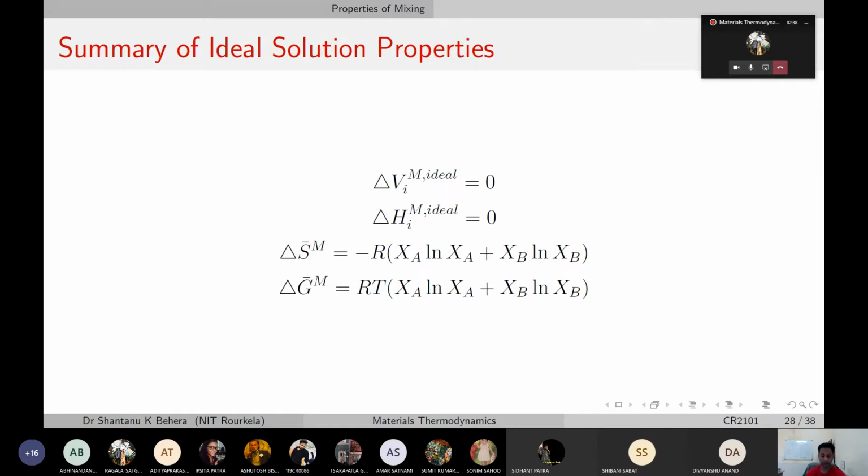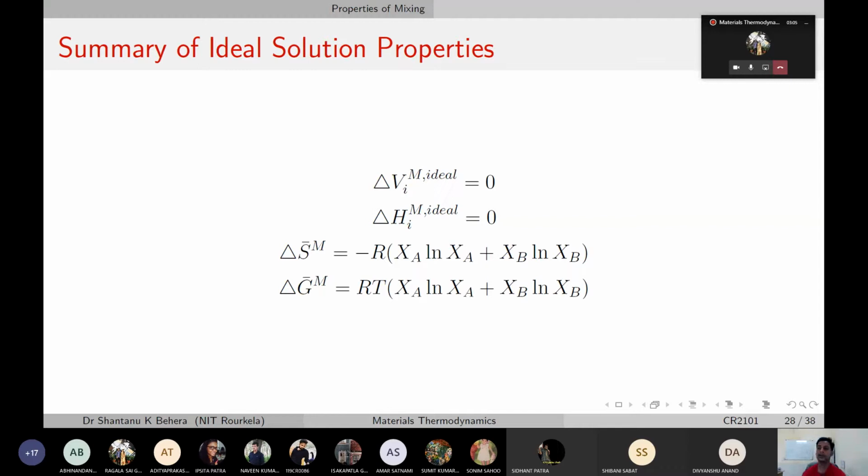The components pretty much remain the same as they were before the solution. That means in the pure state, they were pretty much the same as they are after the mixing state. There is no change in enthalpy. Enthalpy stays the same, which tells you that there's no reaction between the solution components.